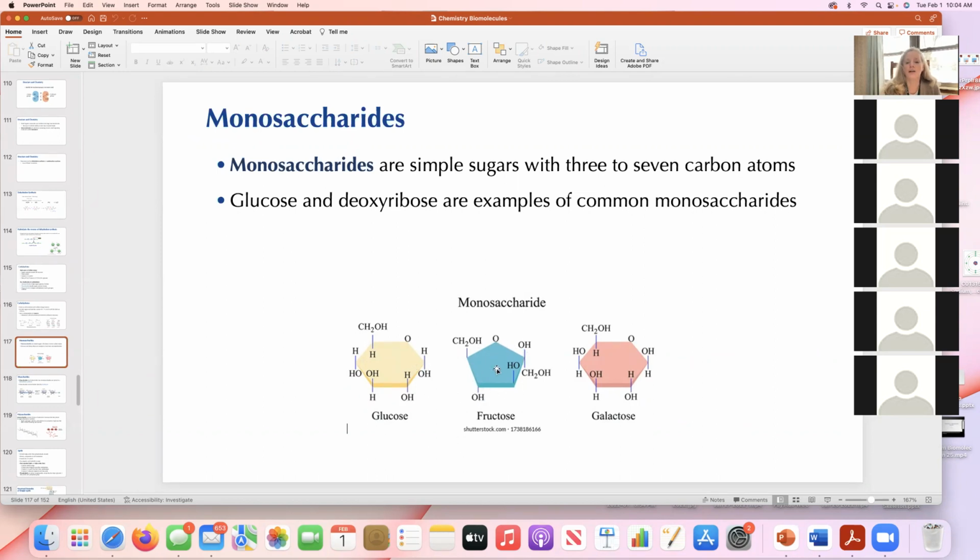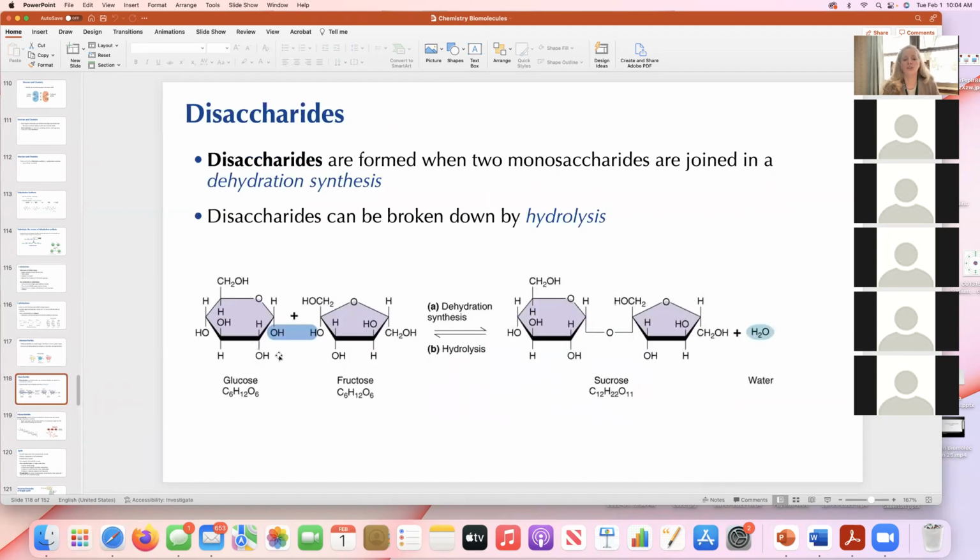You can join all these molecules together in a condensation reaction, also known as a dehydration synthesis, linking one sugar molecule to another, which is what you have here. Glucose linking to fructose through a dehydration synthesis in this direction. And then you have sucrose, which is a glucose plus a fructose and the byproduct of water.